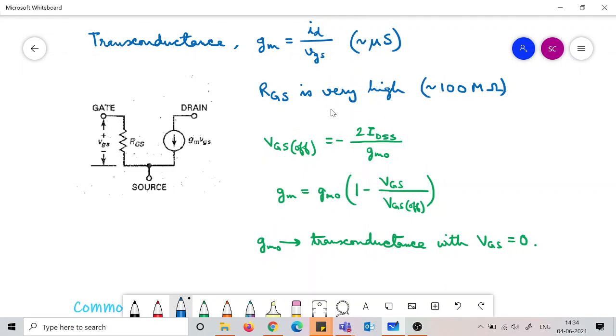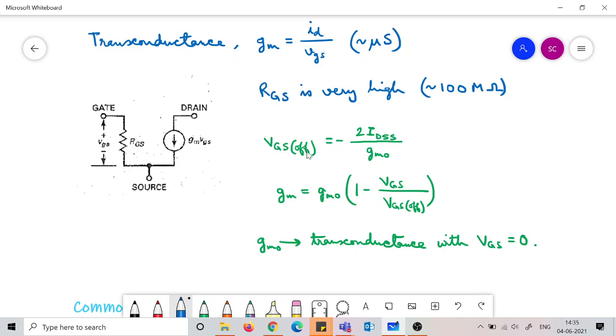Now these are some of the relationships which one can obtain from parameters given in the data sheet. In the data sheet, you are given IDSS and VGS off. There is a relationship with a parameter called gm0.